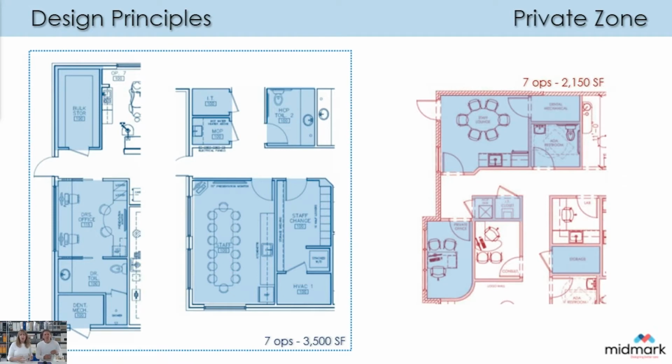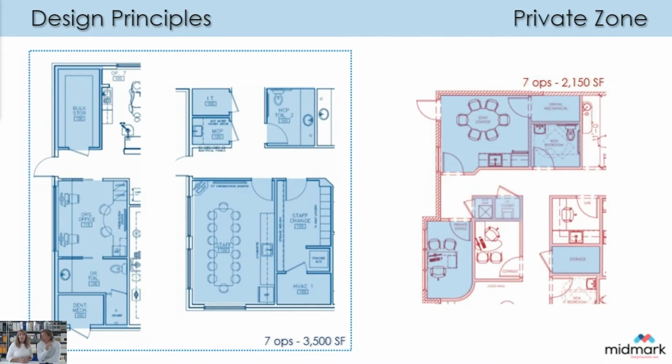So the spaces become smaller. They may not get all the optimum bells and whistles, because they are the least important. Our objective is always to make the public and clinical zones work as optimally as possible, and then whatever space is left over is the private zone.